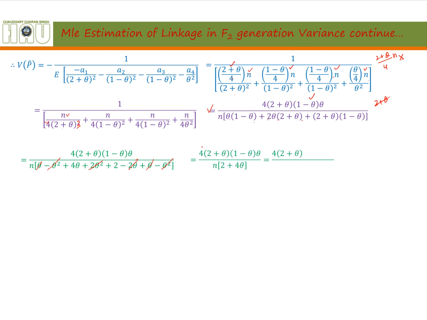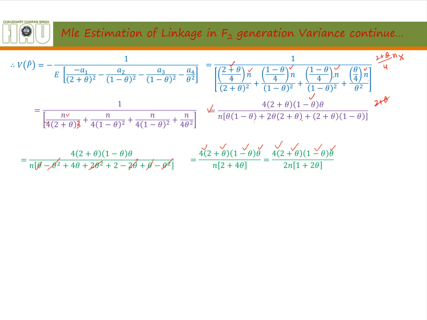In the numerator it is 4, 2 plus theta, 1 minus theta into theta, and we will get n times 2 plus 4 theta. Right? So if I take 2 common from this, this is 4, 2 plus theta, 1 minus theta, theta, over 2n, 1 plus 2 theta.